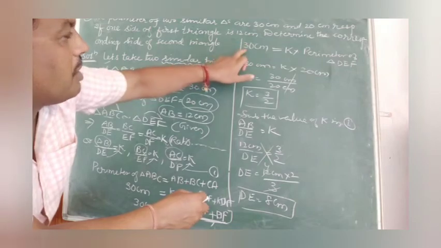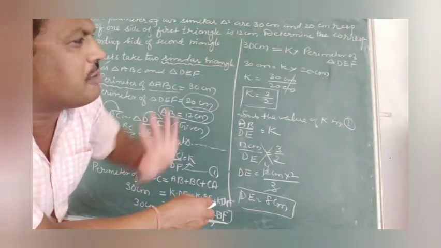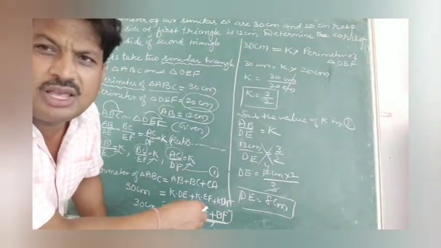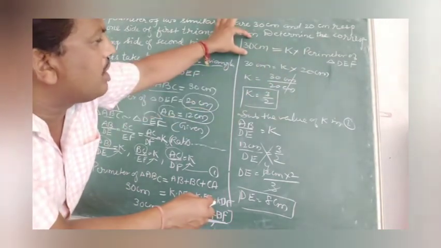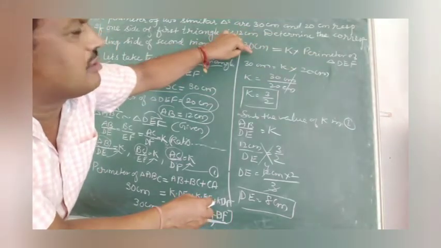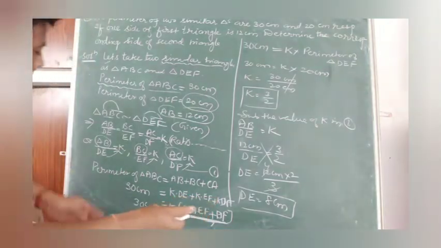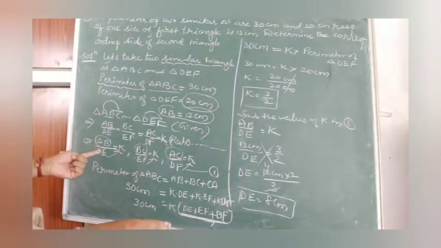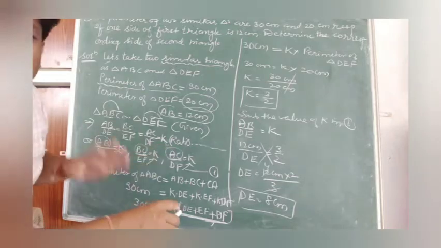Perimeter of triangle ABC is equal to K into perimeter of DEF. Or divide this side. But what happened? Perimeter of triangle ABC divided by perimeter of triangle DEF is equal to K. And K is nothing but what? AB by DE or BC by EF or AC by DF.